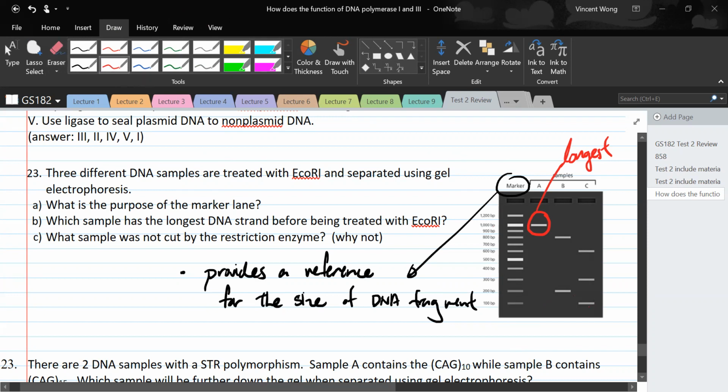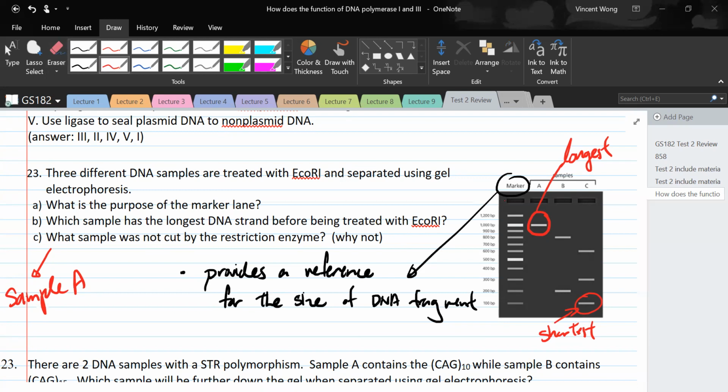And the shortest one, in case you wanted to know, is going to be right here. What sample was not cut by the restriction enzyme? Lane A, sample A, because there's only one band. So there's probably no recognition site in that sample. It was not cut.